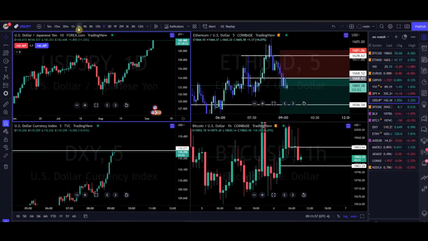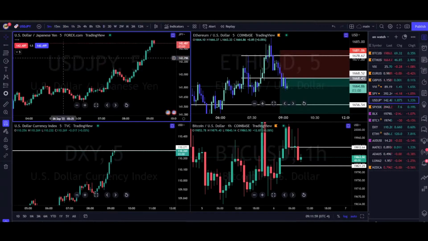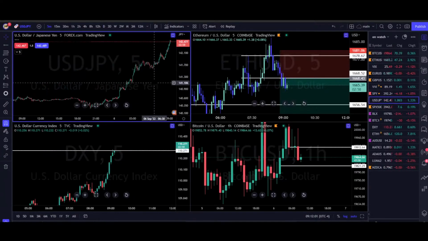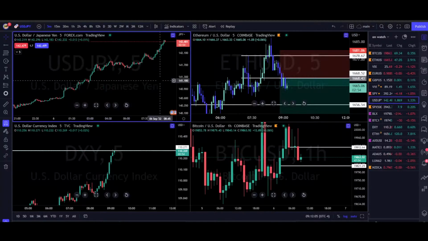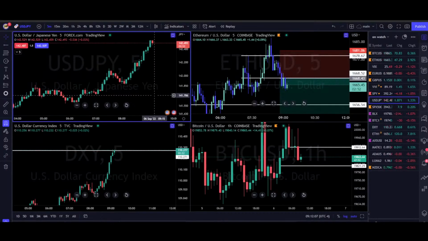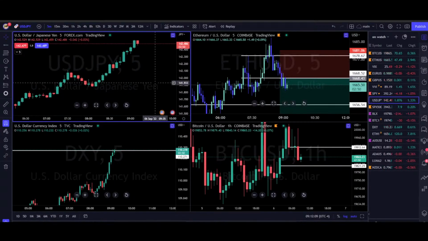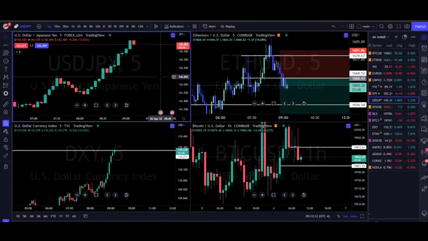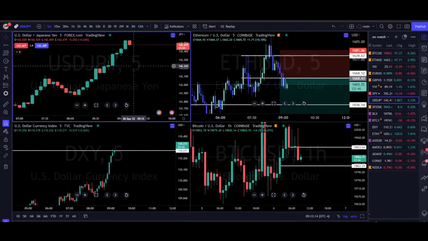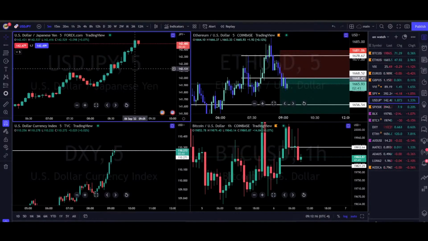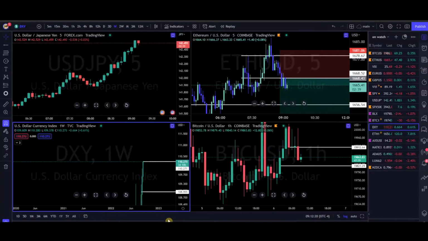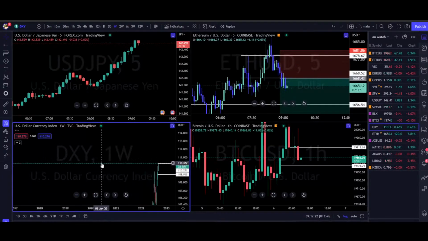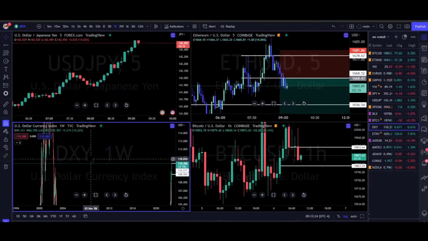Cooking. I mean, it is just blazing a trail. Look at that nastiness. Dollar pushing back up above the liquidation part, which is just yesterday's high. Not much left to liquidate on the dollar. I mean, you're super duper bullish.